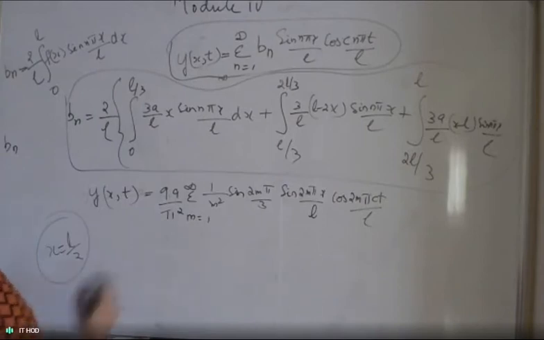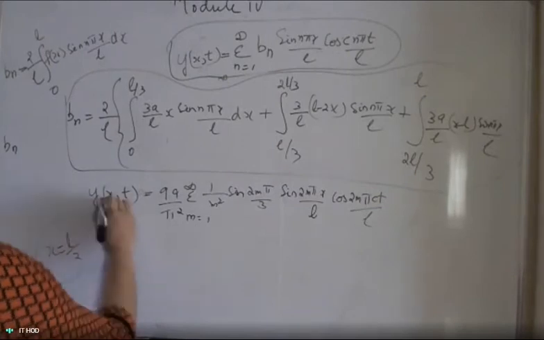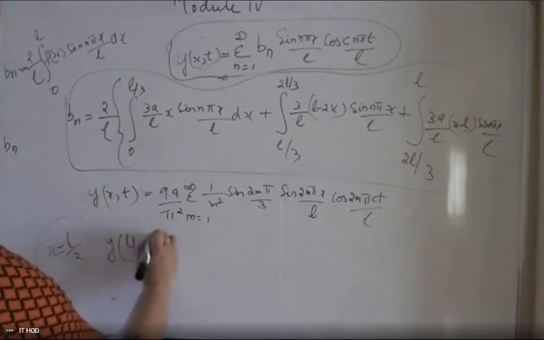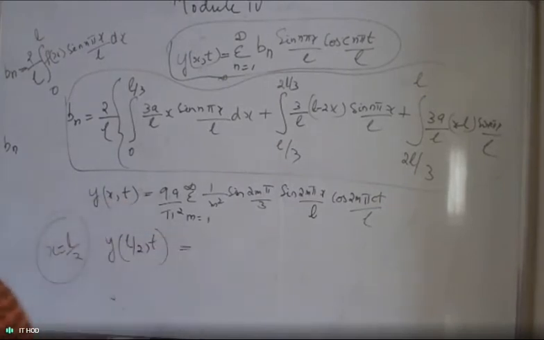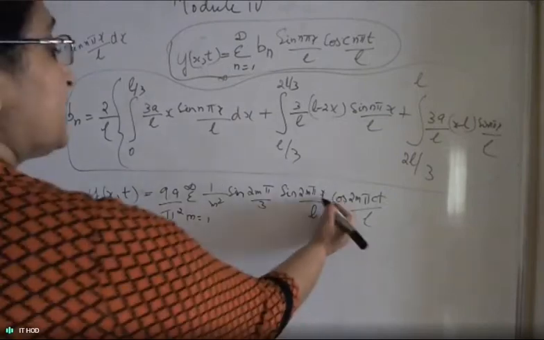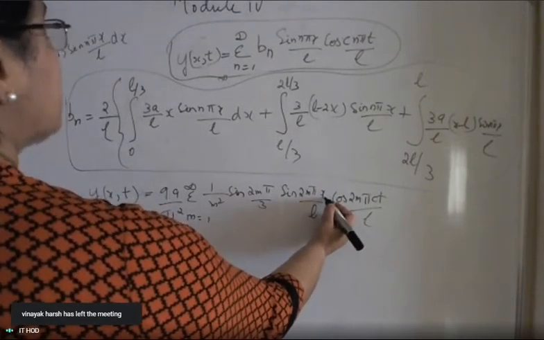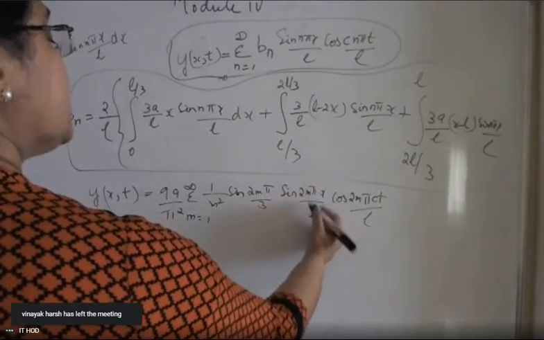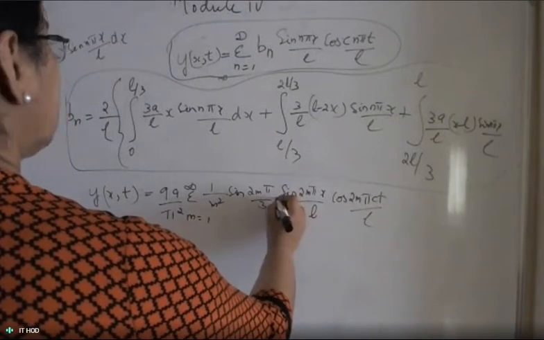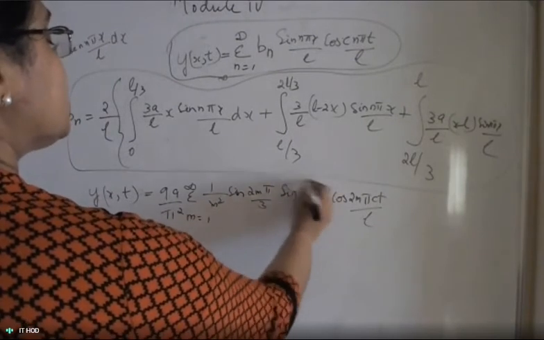Okay, so after putting L by 2 for x, what did you get? X is equal to L by 2. Here we are going to put L by 2. L by 2 means that becomes sine m pi, and this is equal to 0.